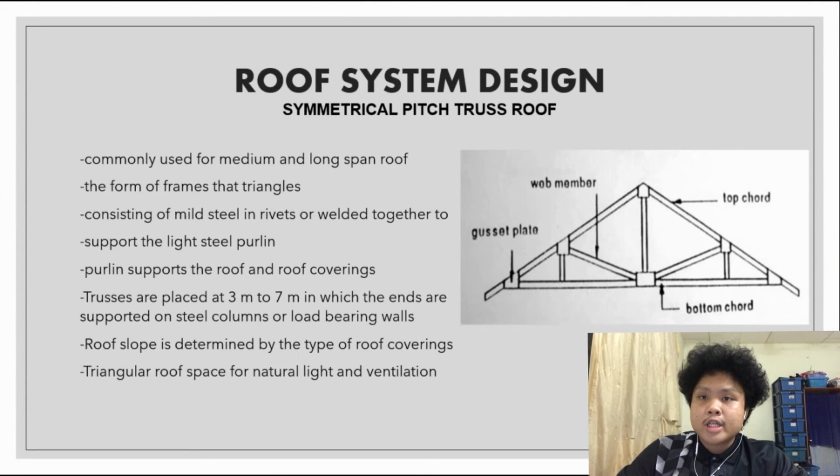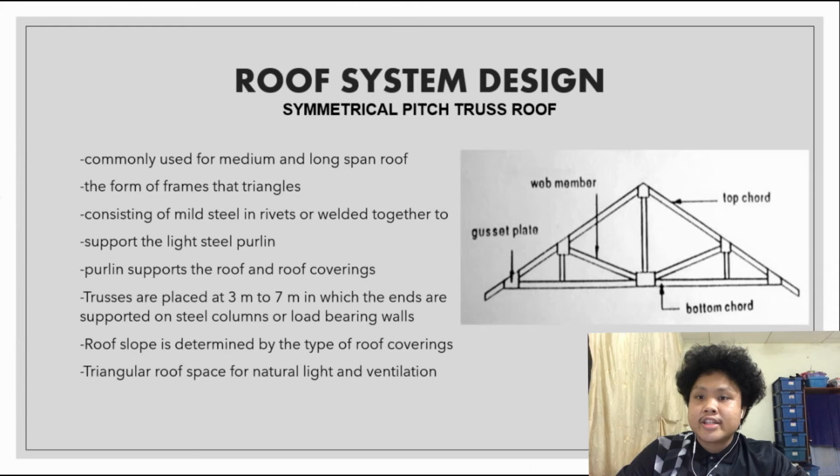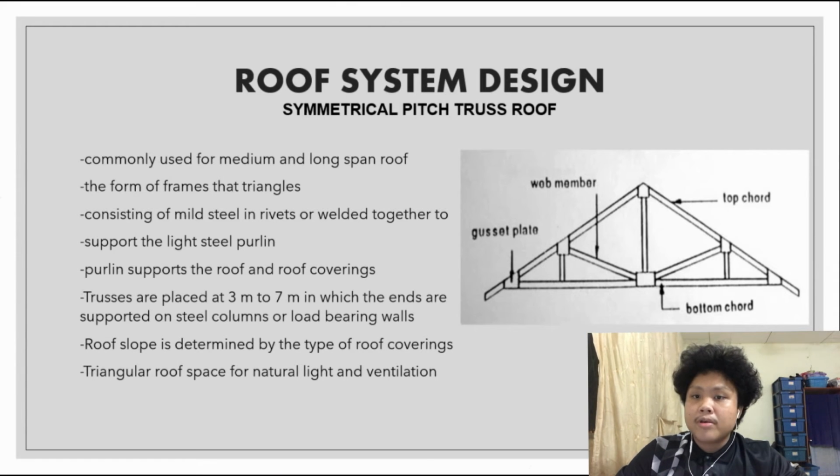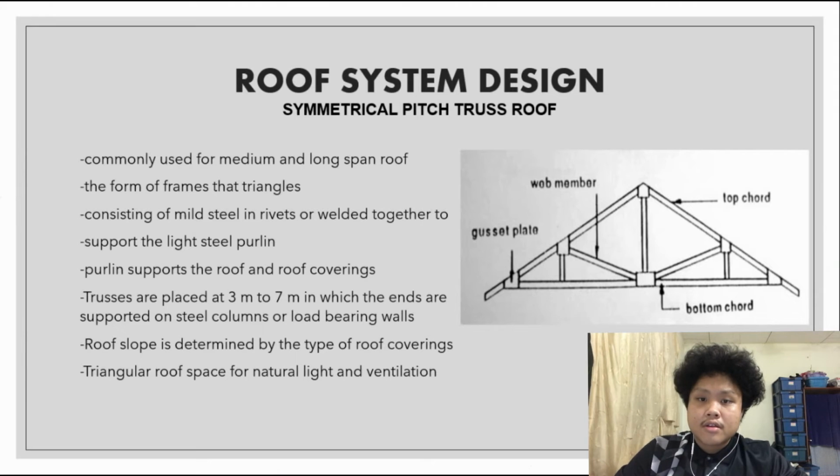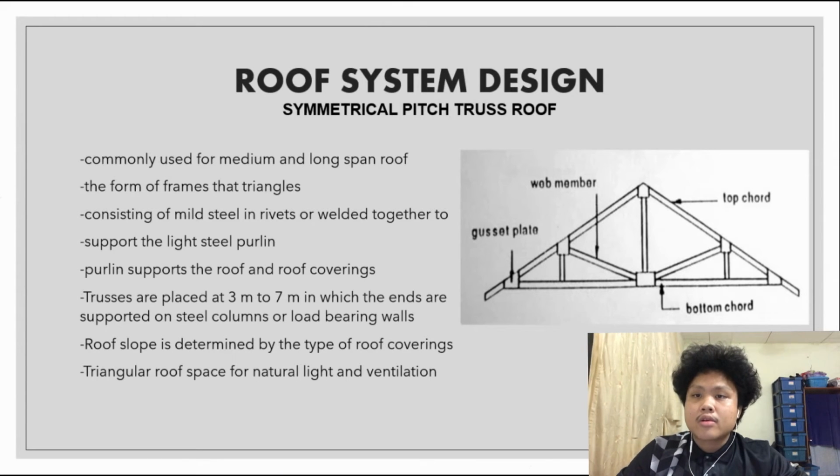For the roof system design, I chose the symmetrical pitch truss roof. Commonly used for medium and long span roofs, it is a frame of triangles consisting of mild steel, riveted or welded together to support the light purlin.